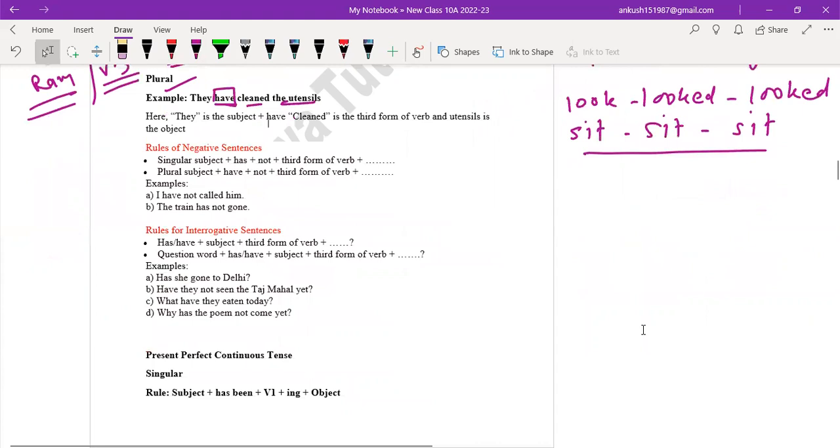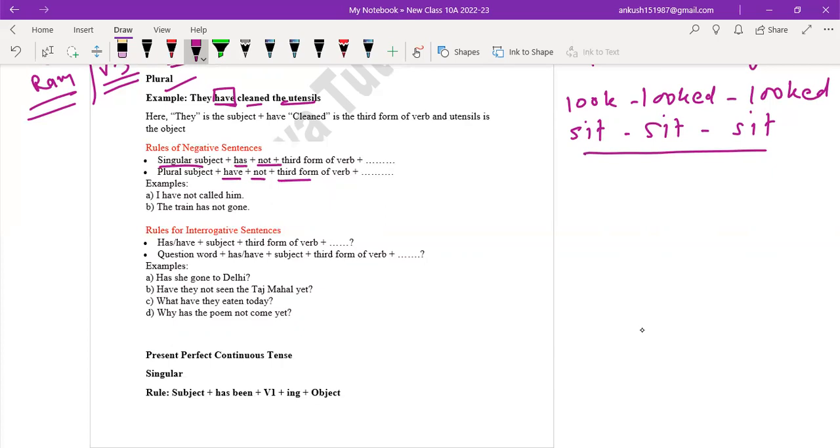How can we make it negative? There is a simple formula: with a singular subject you use has plus not, and with a plural subject you use have plus not, and the rest of the things would be as they are.